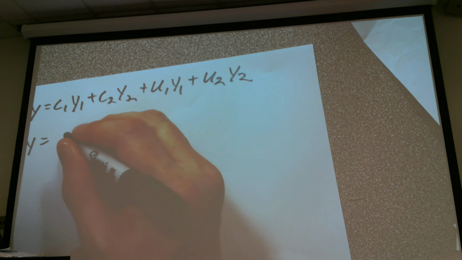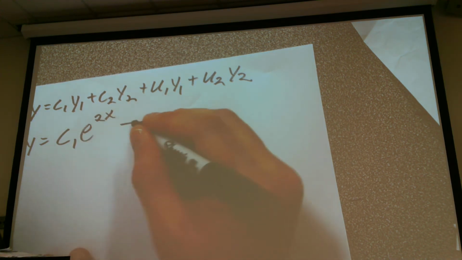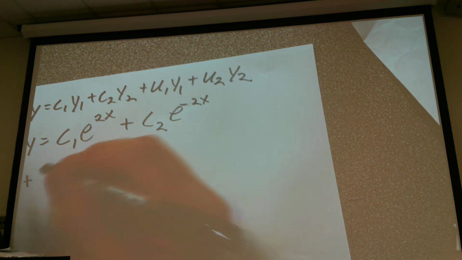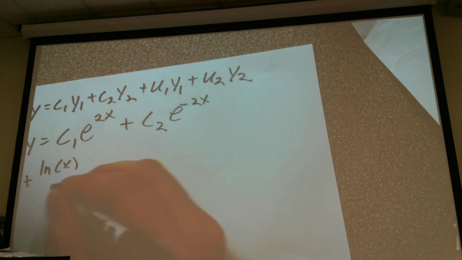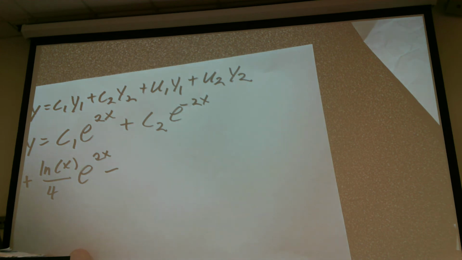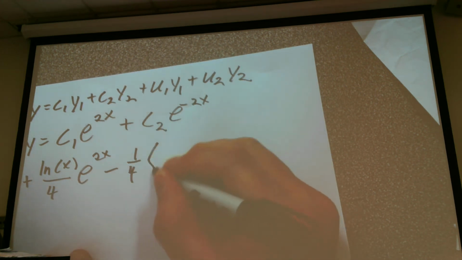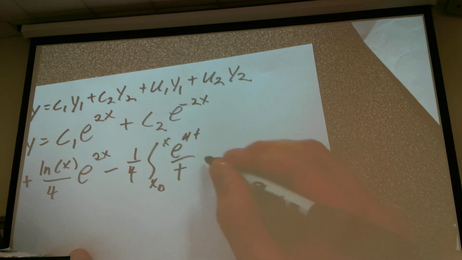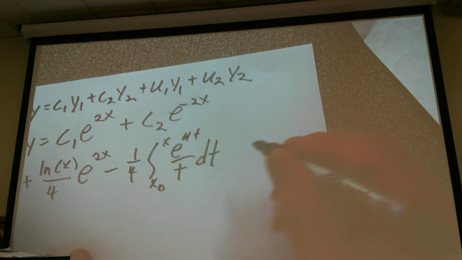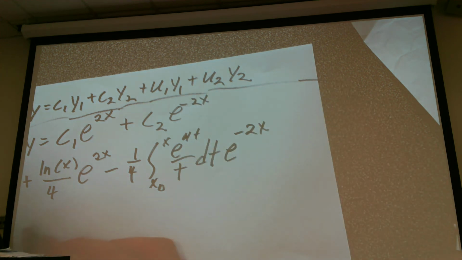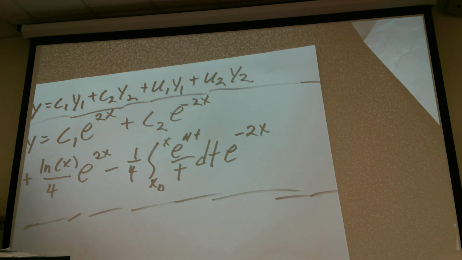So this is going to be C1 e to the 2x plus C2 e to the negative 2x, plus u1, which is the natural log of x divided by 4 times e to the 2x, and then minus 1 over 4 times the integral from x naught to x of e to the 4t divided by t with respect to t, multiplied by y2, which is e to the minus 2x. That's the answer to our problem.